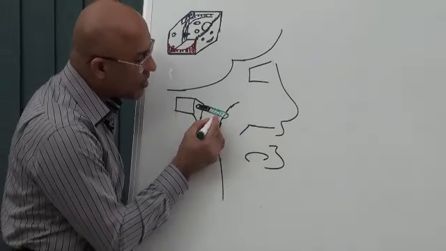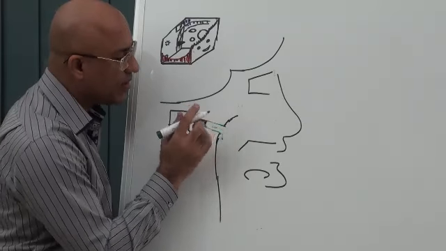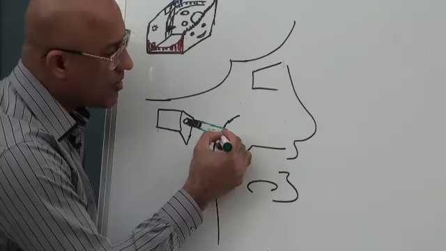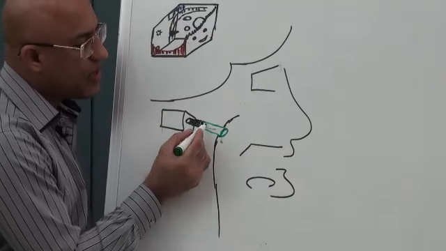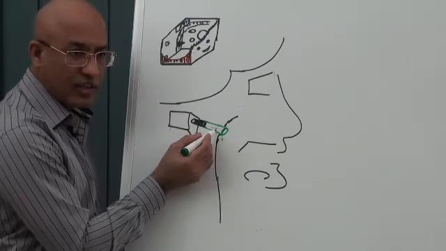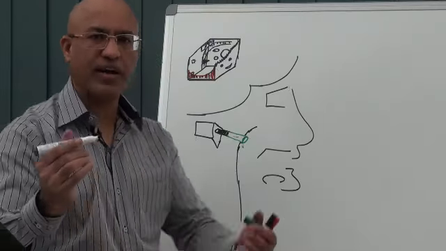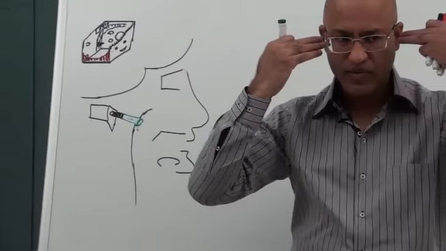On the pharyngeal side, it is fibrocartilaginous. In an adult it is about 3 centimeters. So we can say 1 centimeter with the tympanic cavity is bony, and about 2 centimeters towards the pharyngeal side is fibrocartilaginous.